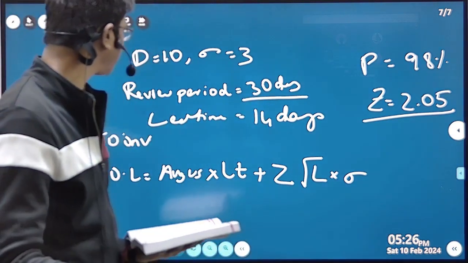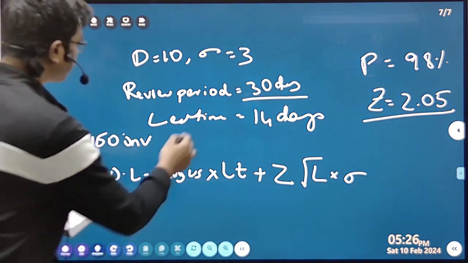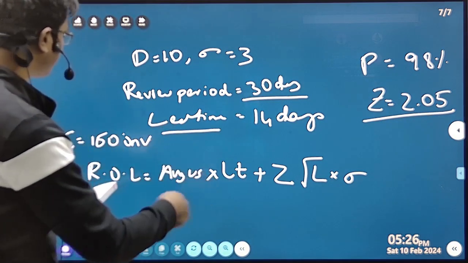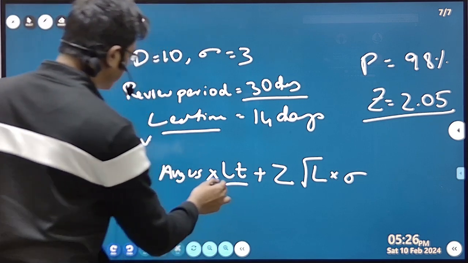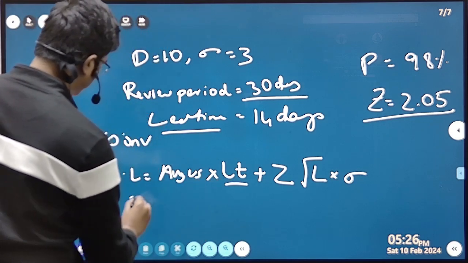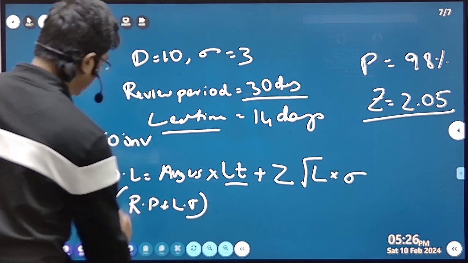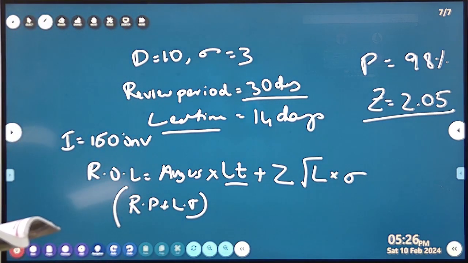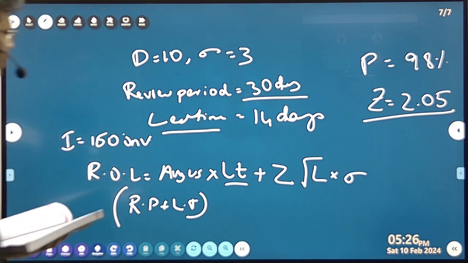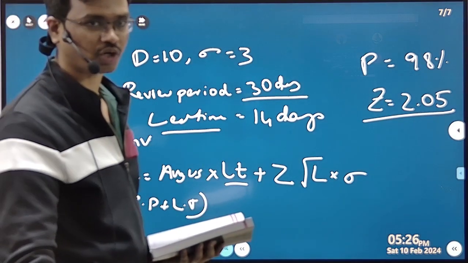So necessarily your lead time will change. This lead time will be modified to the review period plus lead time, because you are looking at your stock only after 30 days, so it will take 30 days more for your stock to arrive.